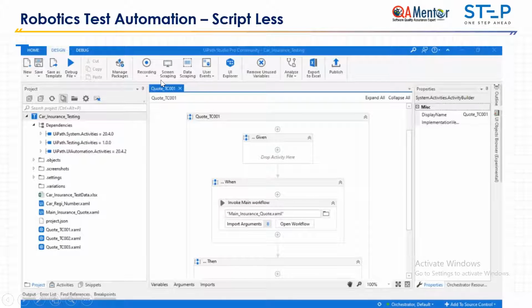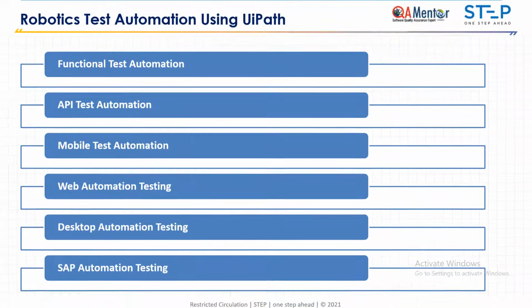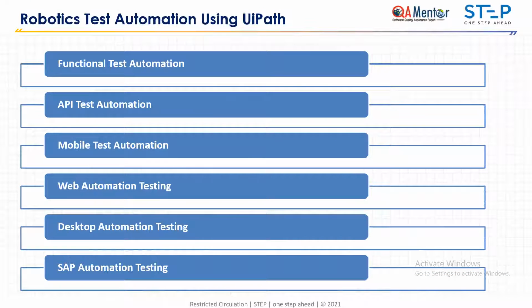This is the canvas where we drag and drop the activities, and this button runs the robot. After clicking it, we run the robot for whatever test automation we have created. This is a very simple tool, and by using it we can definitely do any type of automation in industry.